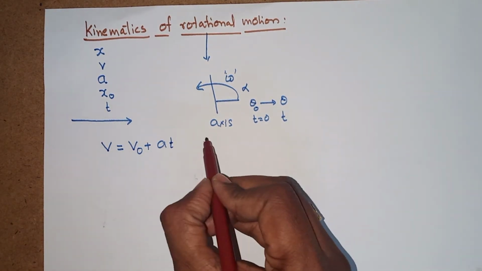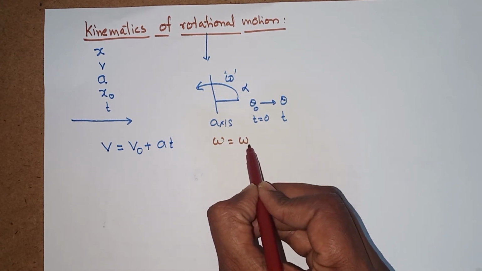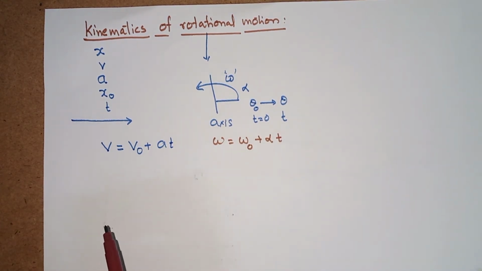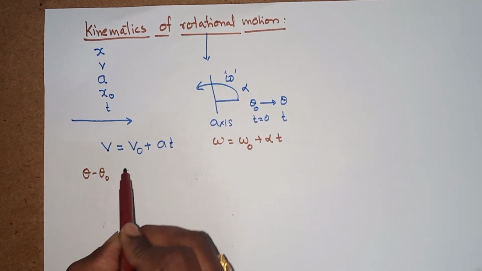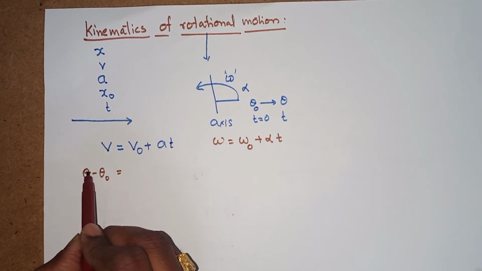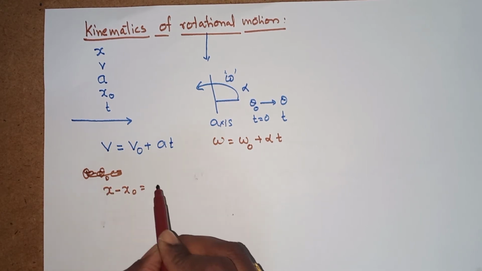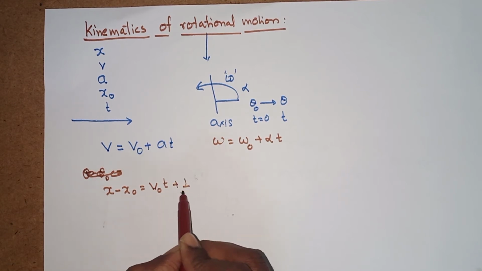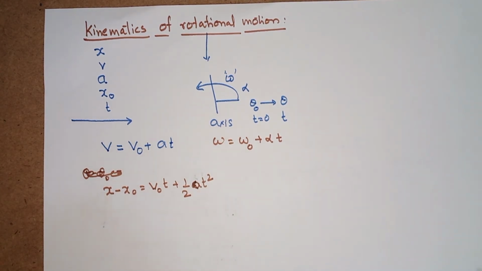In place of v, it changes to omega: angular velocity is equal to initial angular velocity plus alpha into t. And the second equation of motion: x minus x naught is equal to v naught t plus half a t square, that is the linear.